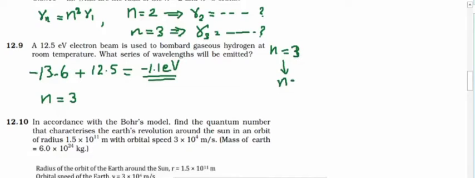From n is equal to 3 level to n is equal to 1, that is one possibility. Next possibility, from n equal to 3 to n equal to 2, that is another possibility. Then once it reaches the second level, then again you have one more possibility, n is equal to 2 to n is equal to 1.